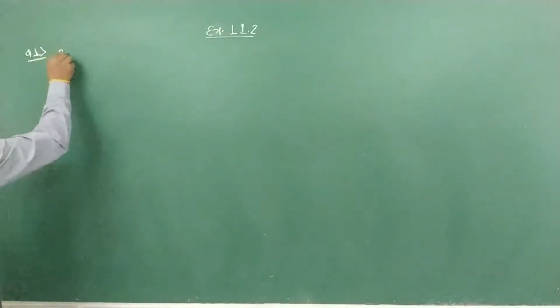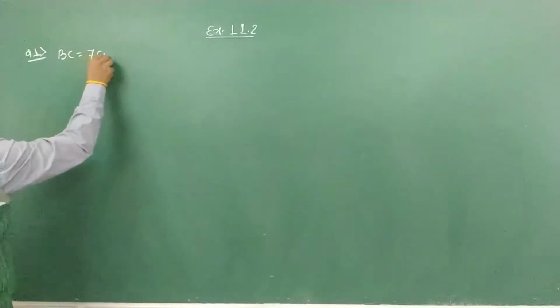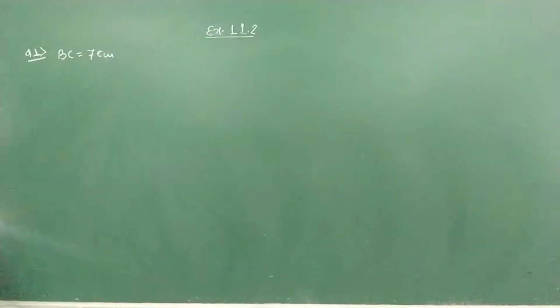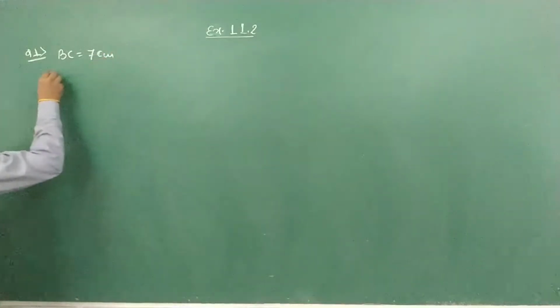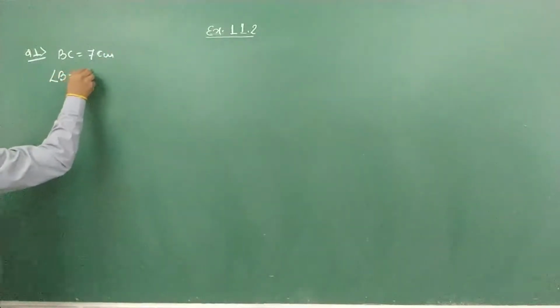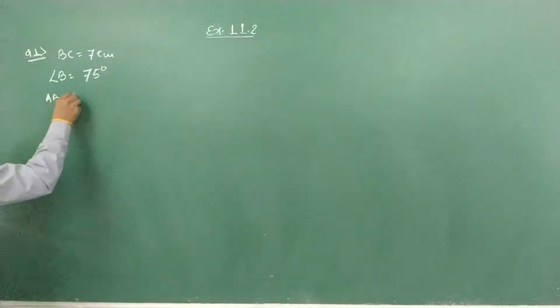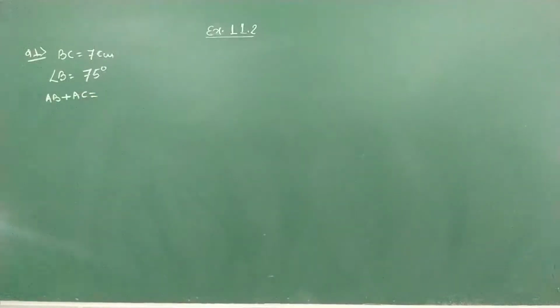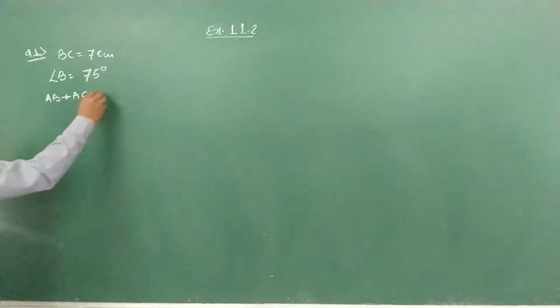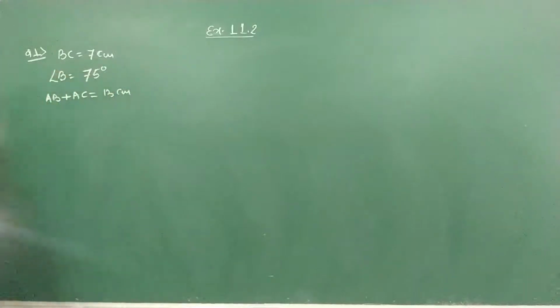BC is equal to 7 centimeter and angle B is 75 degree, and AB plus AC is equal to 13 centimeter. Means it's a first type of question where base angle and sum of other two sides is given.